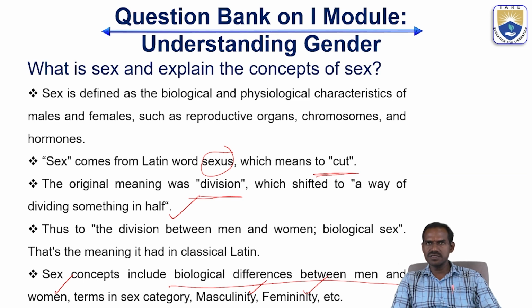It is derived from the Latin word sexus, which means to cut. The original meaning is division, shifted to a way of dividing something in half, between men and women and their biological sex, meaning their pattern of chromosomes. So these are the various concepts of sex, and this is the answer to the second question from module 1: what is sex and explain the concepts of sex.